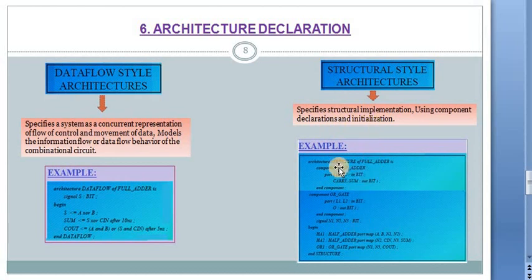Here the structural description of the full adder is shown, where this full adder is composed by specifying two components, that is half adder and OR gate. As you see, various input and output parameters are declared in this component, such as L1 and L2 ports are declared for input with the type bit, and carry and sum are defined for output with the type bit, and then the first component is closed.